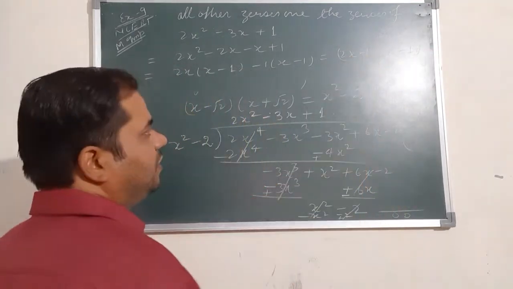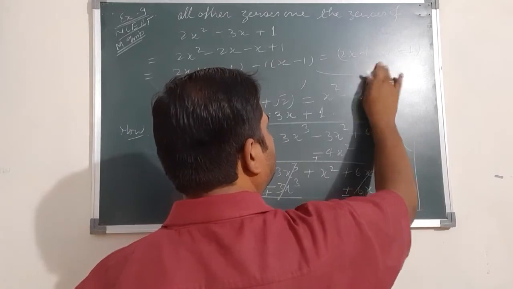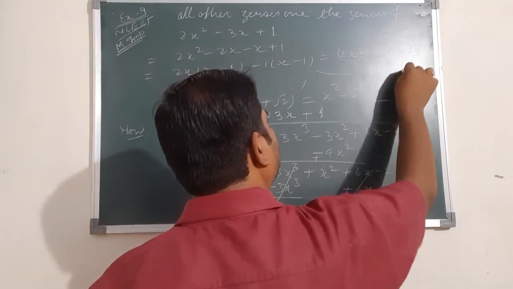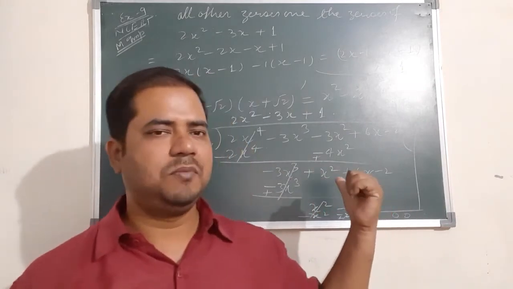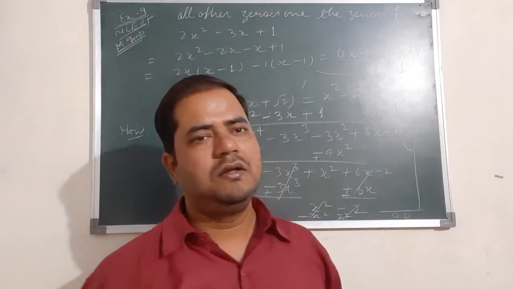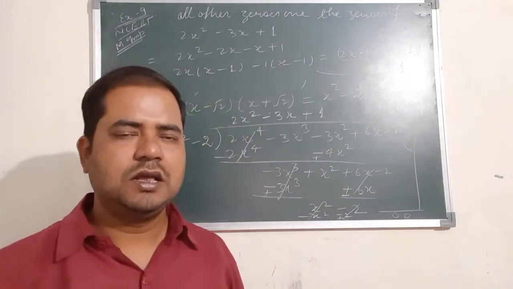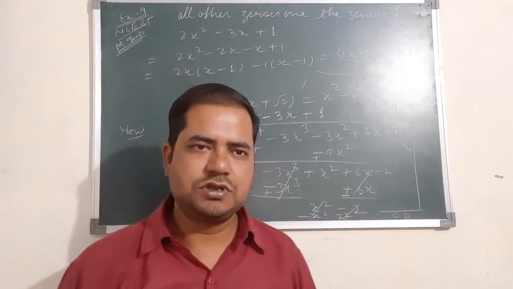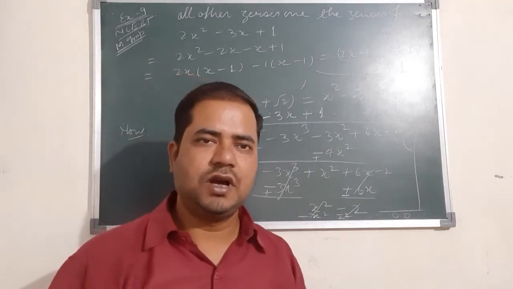And if you see from here, the zeros are x equal to 1 by 2 and 1. So two zeros are already given, root 2 and minus root 2, and the other zeros are 1 by 2 and 1. Okay, so you may understand this question. So note it down, and afterwards we are going to do the next question.